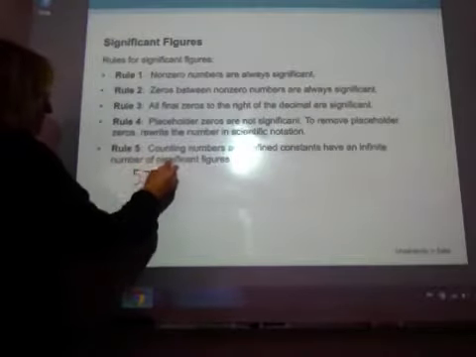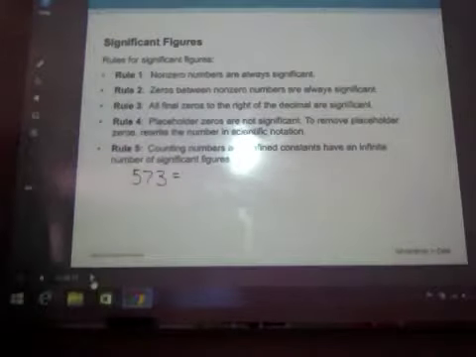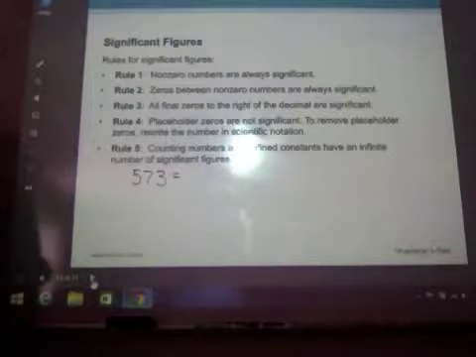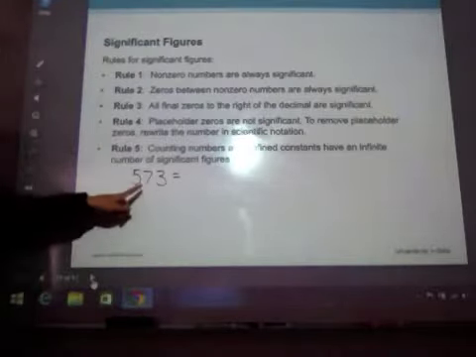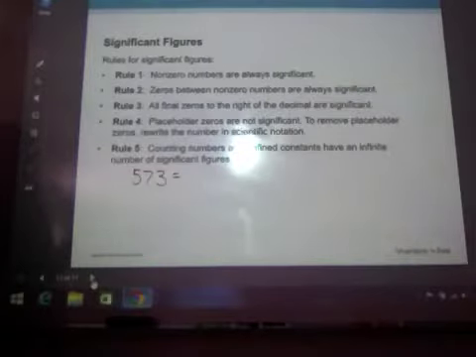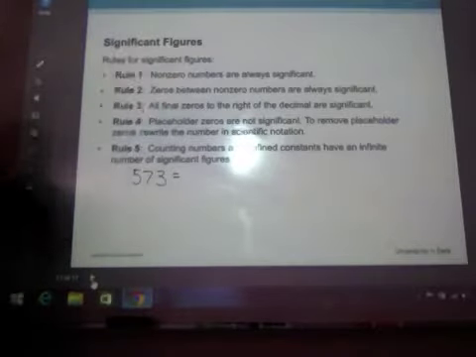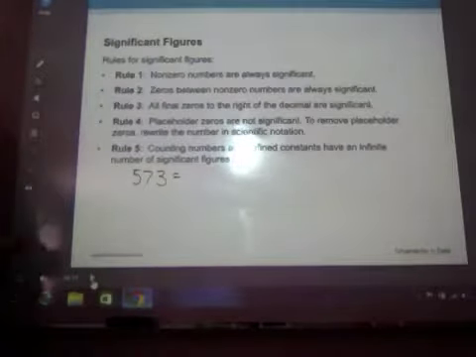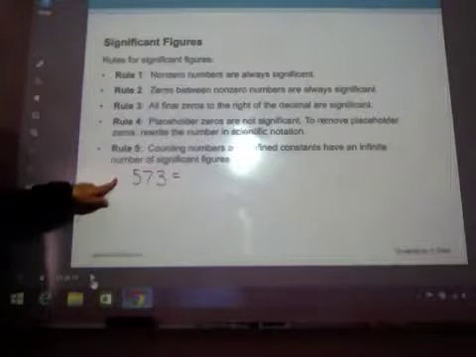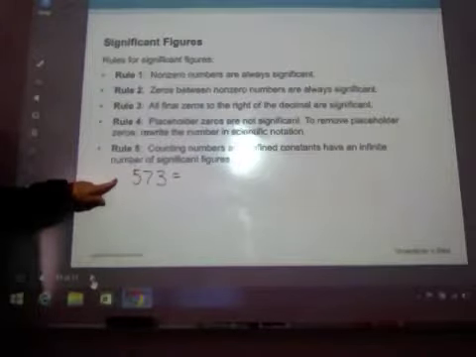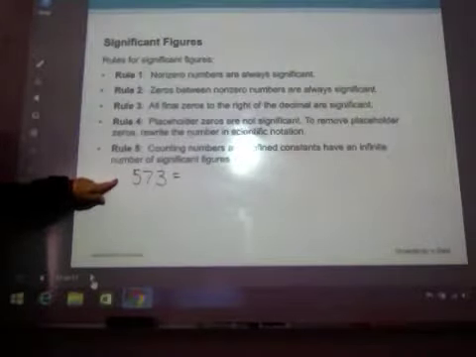5, 7, 3. How many significant digits? There's no zeros. How many of them are significant? Non-zero numbers are always significant. So are these significant digits? How many are there?